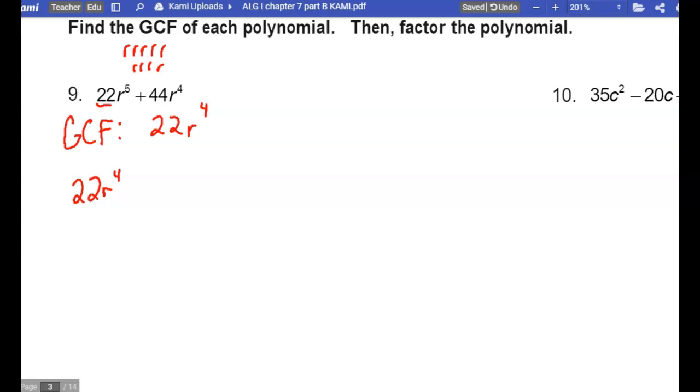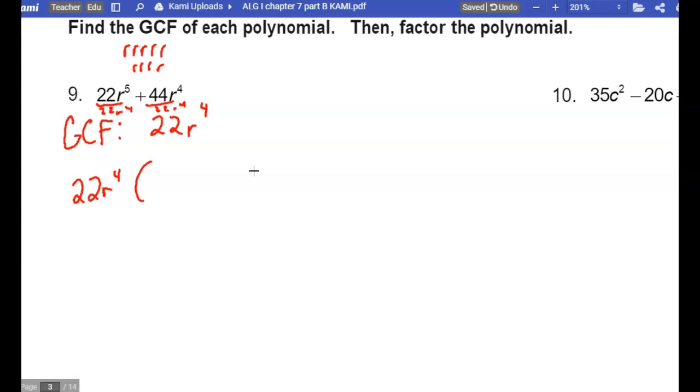Really what's happening is I'm dividing up here by 22r to the fourth, because we're working backwards from what we did a few days ago.